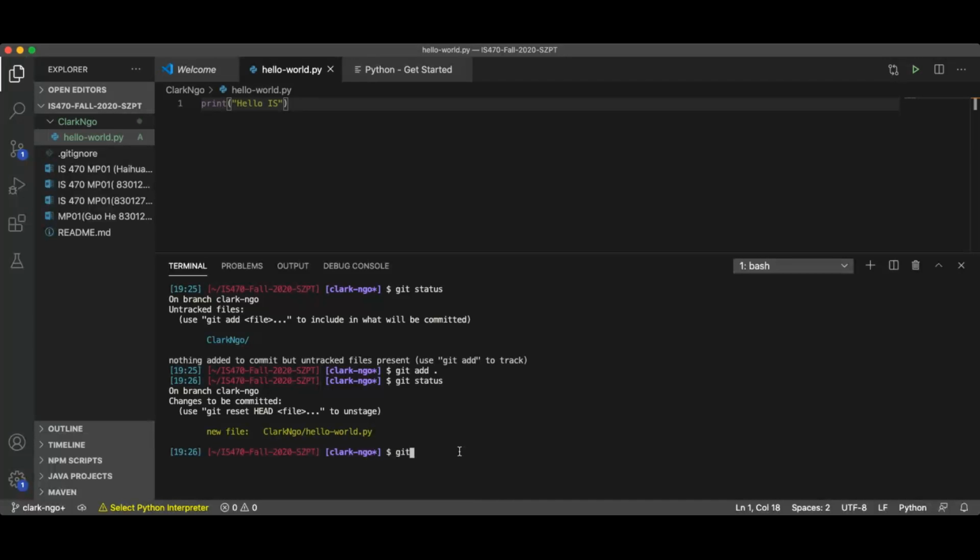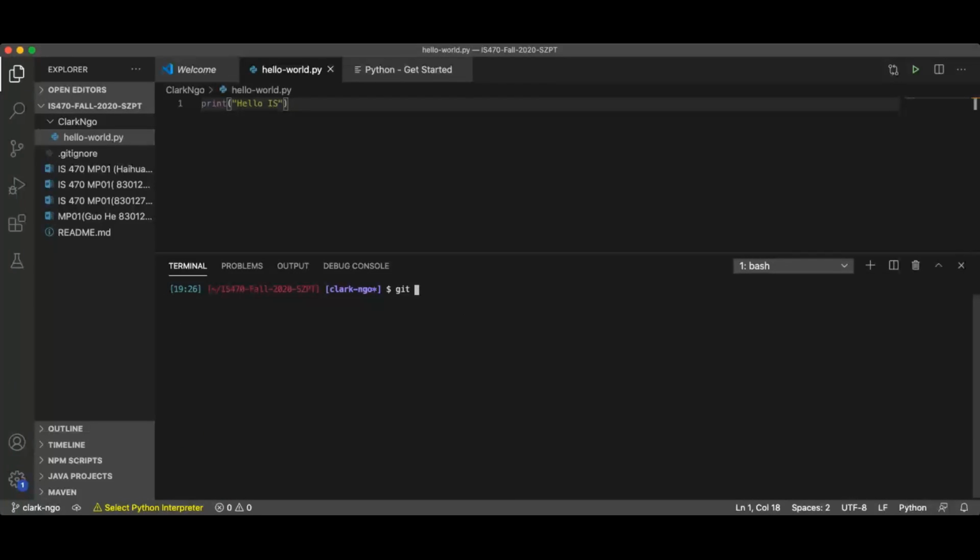So if I now do a git commit -m, meaning message, this is also required, to add a message. Let's say submission for module 1, right? It would now say file has changed, one insertion. And let me clear that again.